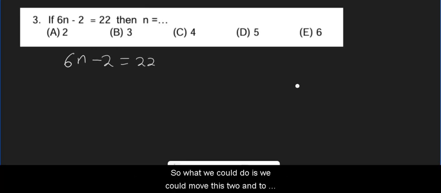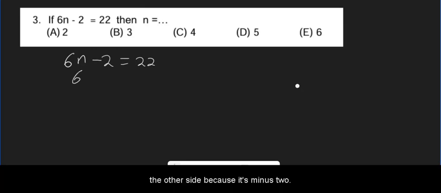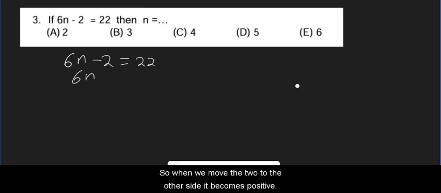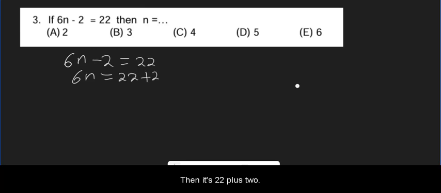So what we could do is we could move this 2 to the other side. Because it's minus 2, you can add 2 to both sides. So when we move the 2 to the other side, it becomes positive. Then it's 22 plus 2. This will give us 24.